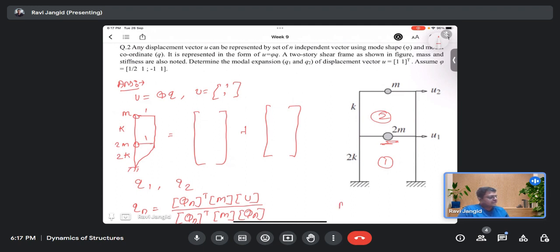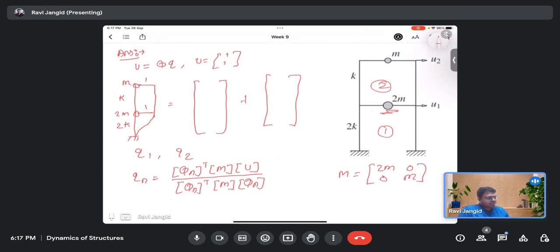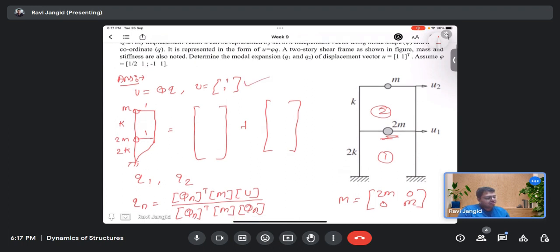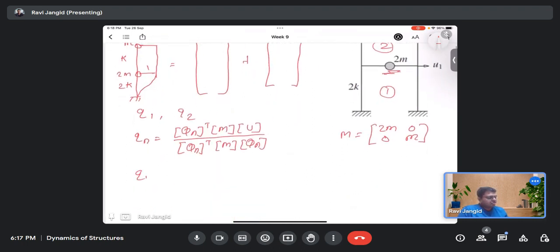So the mass matrix would be 2m 0 0 m. U is given to you as 1, 1. So first find q1. So q1 is phi 1 transpose mass matrix u, divided by phi 1 transpose mass matrix phi 1.